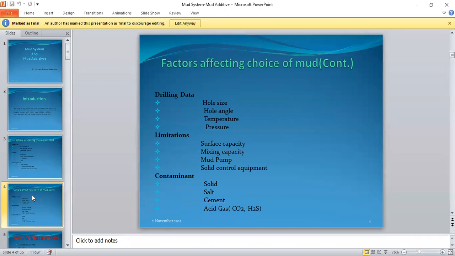Acid gas, carbon dioxide, and hydrogen sulfide. Of course, you're drilling the formation, there will be gases. When carbon dioxide gas enters your mud, how is it going to affect your mud? Will your mud be able to remove it? What kind of chemical do you have to treat it? Hydrogen sulfide.